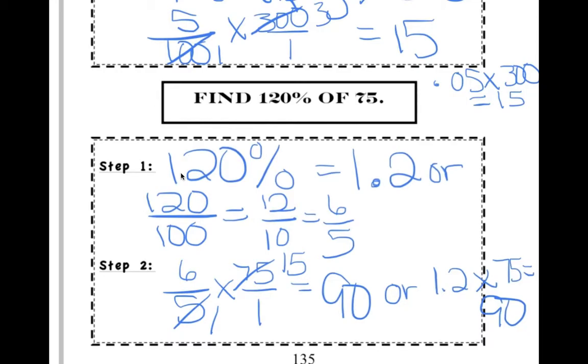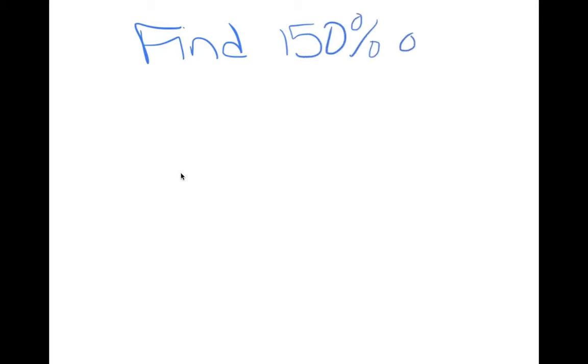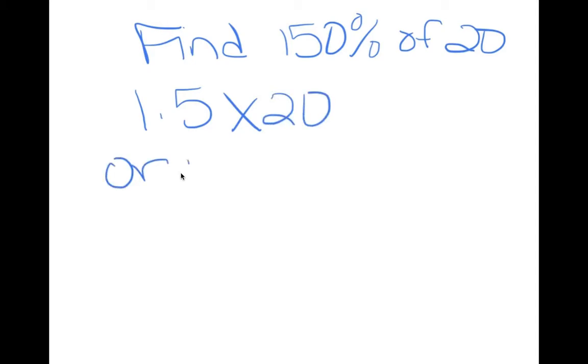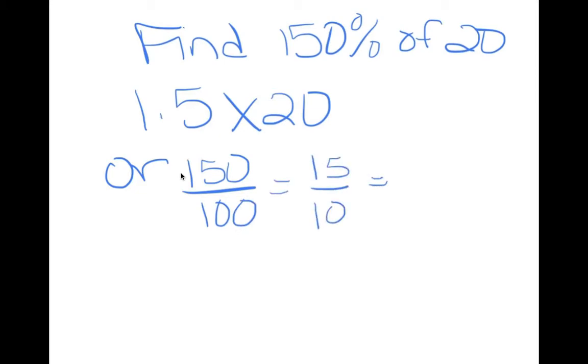Okay, so let's add a page and do a couple more examples. I'd like you to find 150% of 20. Okay, so we would turn this into either a decimal, 1.5 times 20, or 150 over 100, which simplifies down to 15 over 10, or 5 goes into 15 3 times, 3 over 2, okay?